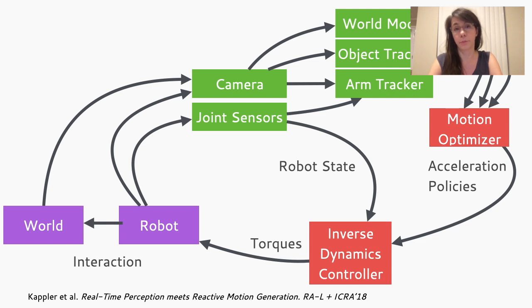If you take the same components and connect them in the wrong way, your system won't work. So what we did to enable the performance you've seen in the video is to create a set of interlocked perception-action loops that have very different frequencies.